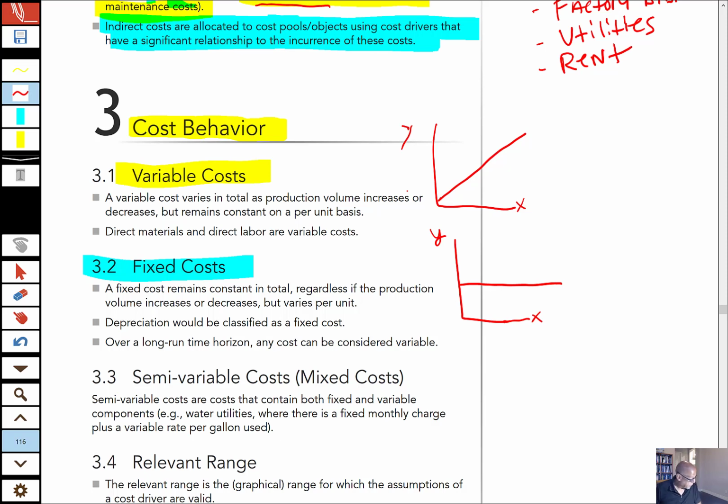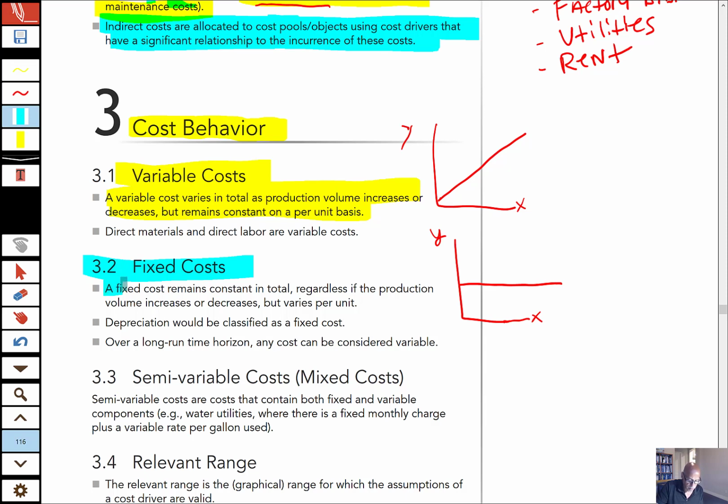Okay, so let's take a look at our variable costs. They vary in production as volume increases or decreases, but remain constant on a per unit basis. So if our variable cost per unit is $4 per unit, it stays the same, right? $4 per unit. Whereas on a total basis, it increases as our production increases.